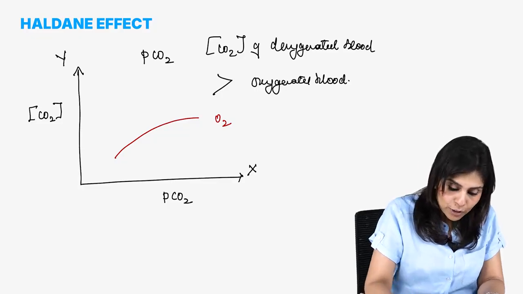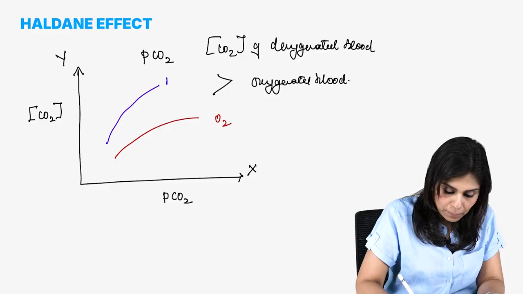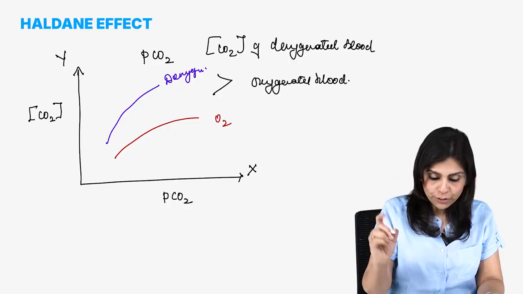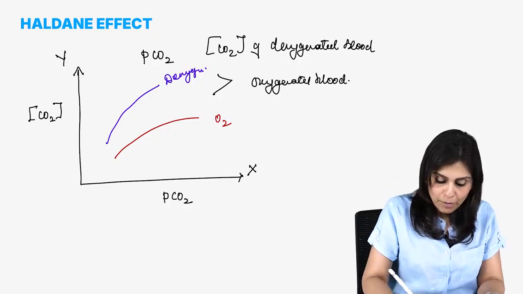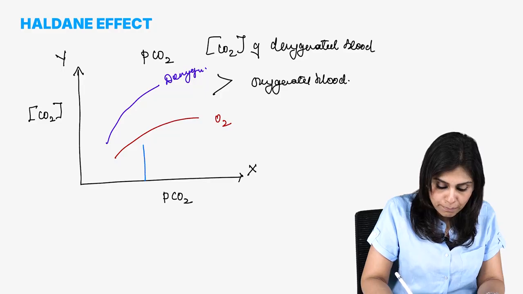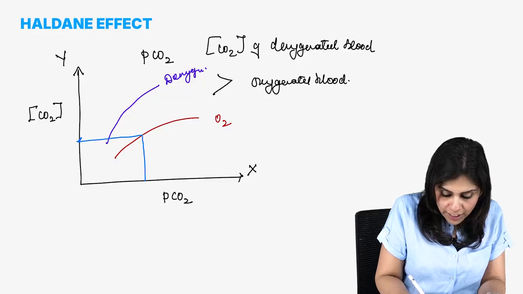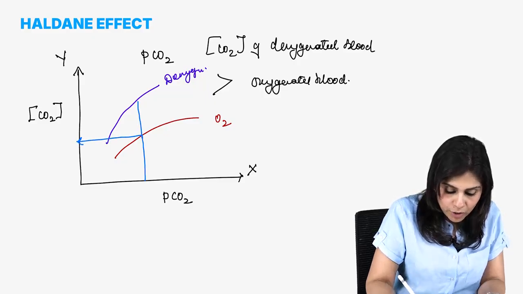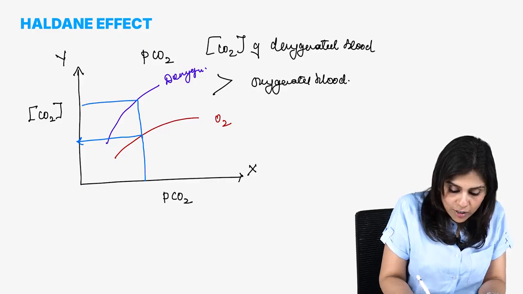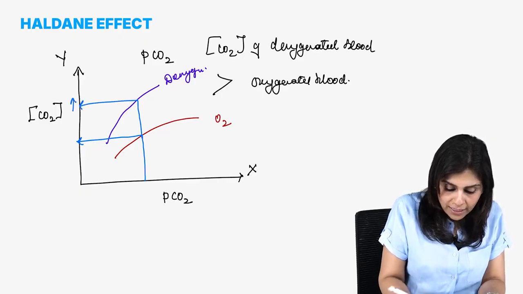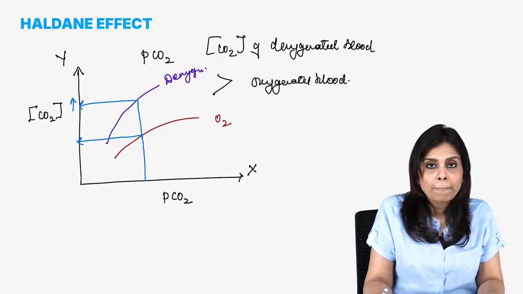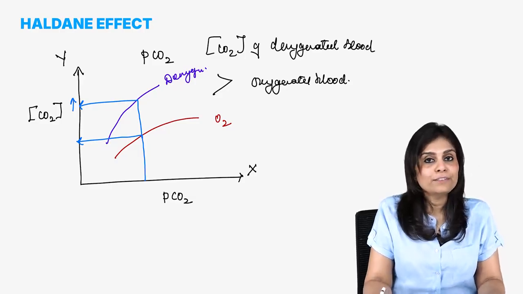The other curve is for deoxygenated blood. Okay, at the same partial pressure of carbon dioxide, let's have a partial pressure of 40 millimeters of mercury. At the same partial pressure of carbon dioxide, do you see that the carbon dioxide content of deoxygenated blood is more than that of oxygenated blood? And that's called the Haldane effect.